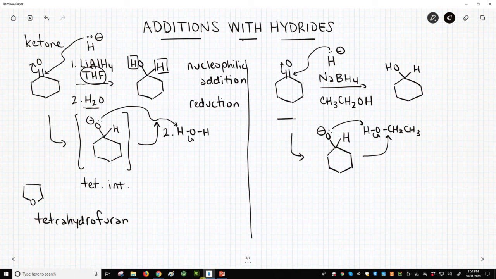We do not need a separate second step, a number 2 step, in order to add the proton source. Sodium borohydride and lithium aluminum hydride are used similarly, but lithium aluminum hydride requires a second step for protonation of the intermediate.